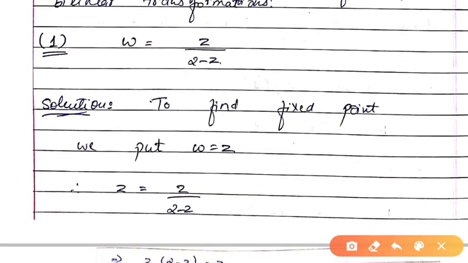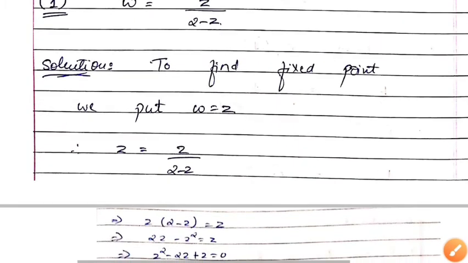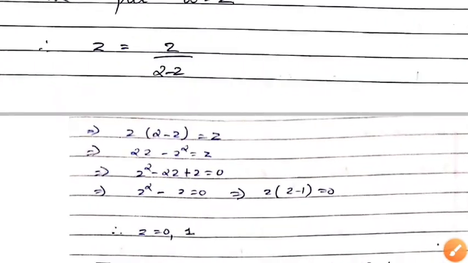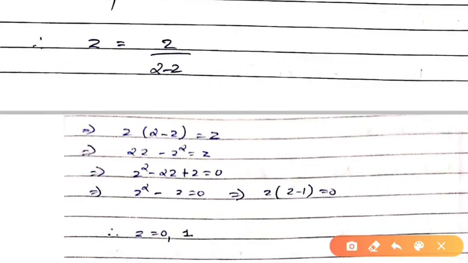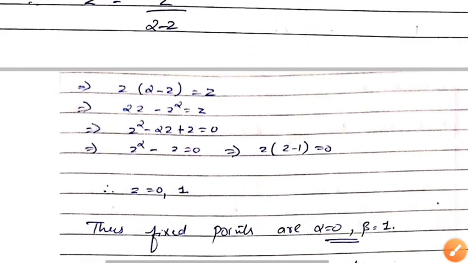Okay, see, now this is the transformation given to us. w equal to z upon 2 minus z. First you have to find the fixed points. Okay, now to find the fixed points, what we have to do is, we have to put w equal to z. So I will put here z over here. Okay, so I get z upon 2 minus z equal to z. Now I will try to simplify it. I will multiply this here, right? So z into 2 minus z equal to z, right?